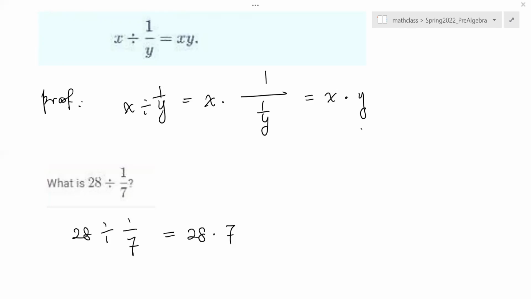So be careful, it is multiplied by 7. You can multiply this out: 28 times 7 is going to be 196.